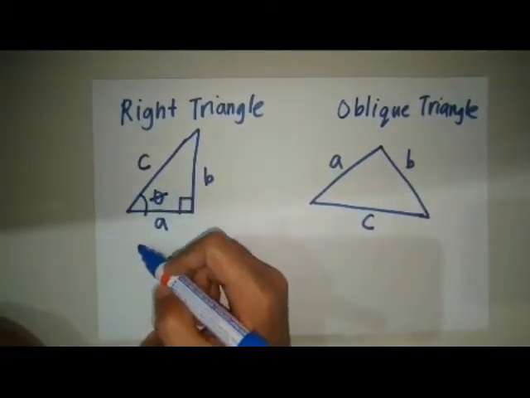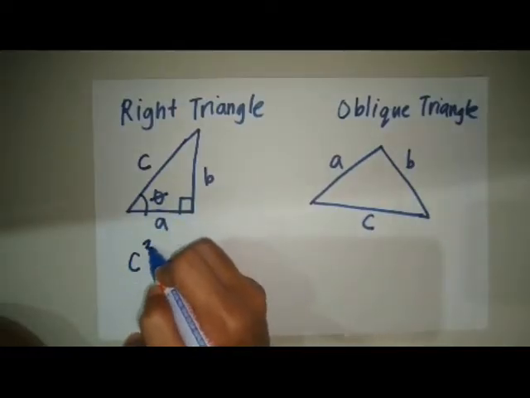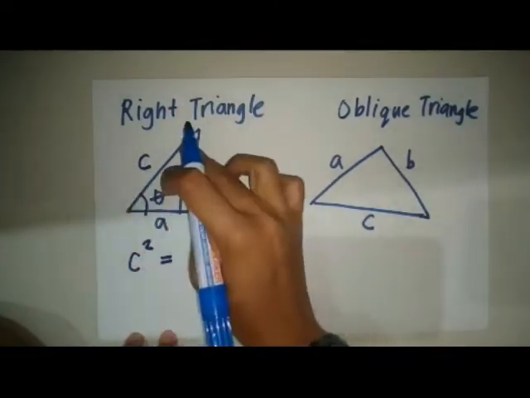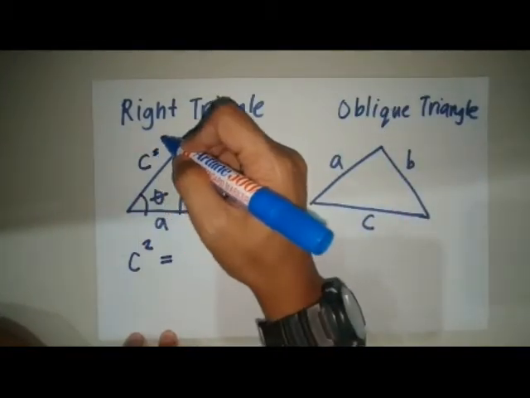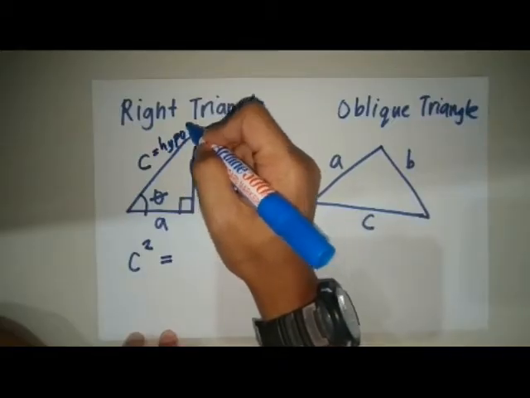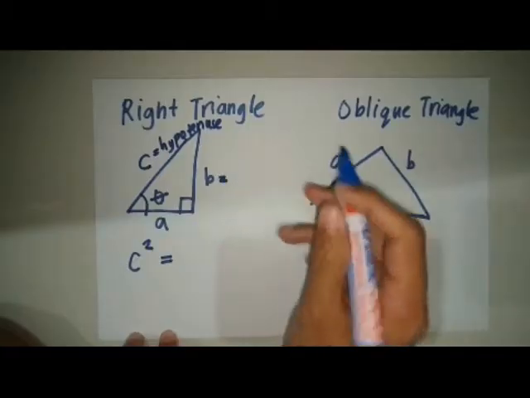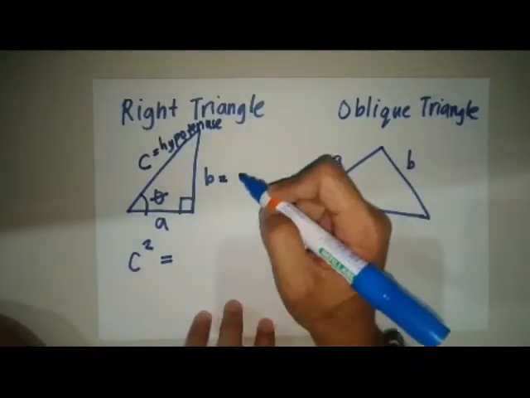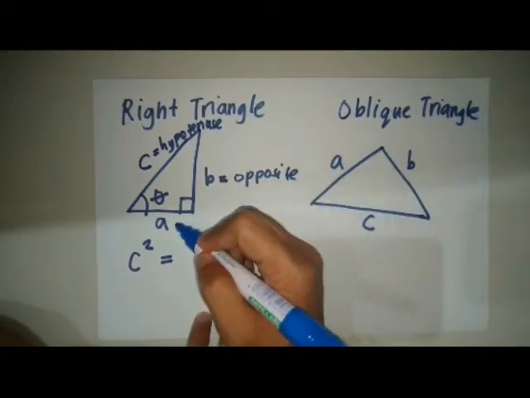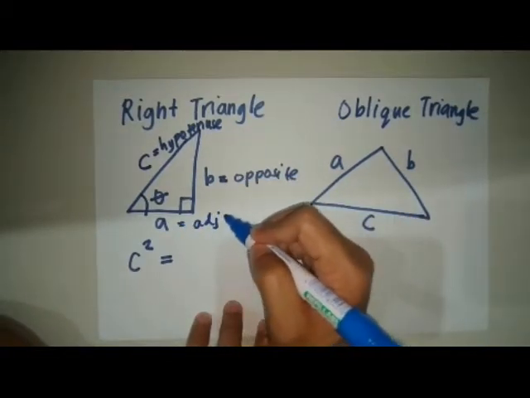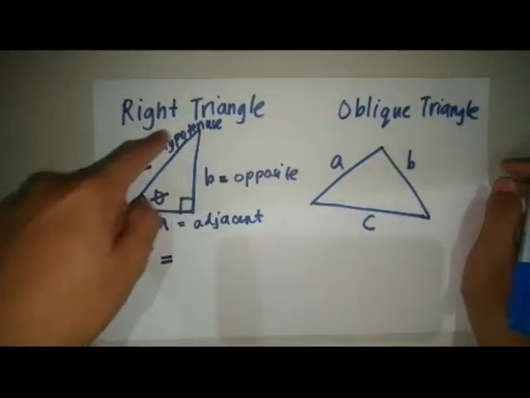Like, for example, we have the Pythagorean theorem, which states that the square of the longest side, what we call the hypotenuse, this is the hypotenuse, and we have here the opposite side, and we have here the adjacent side. So we have the three sides of a triangle.